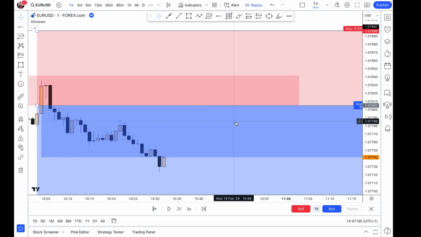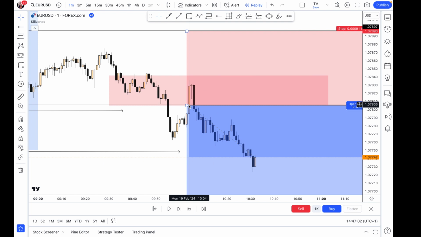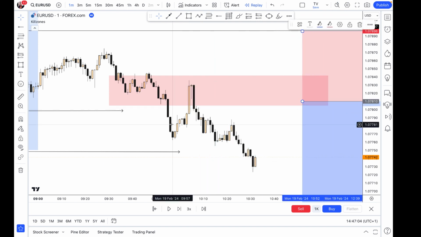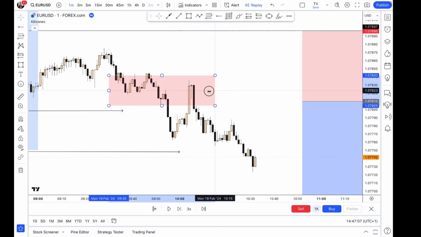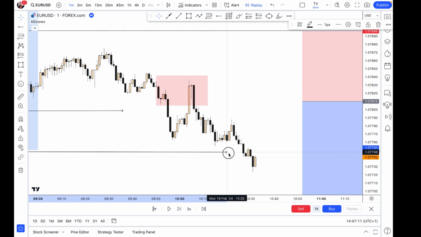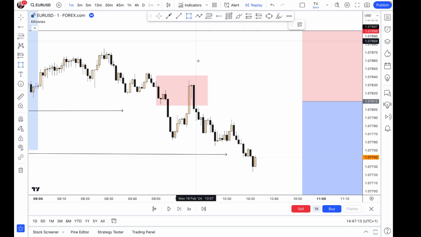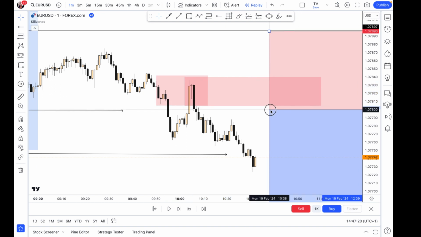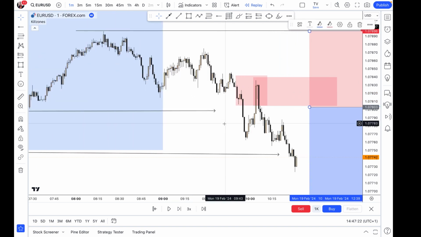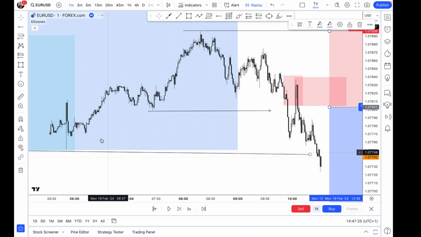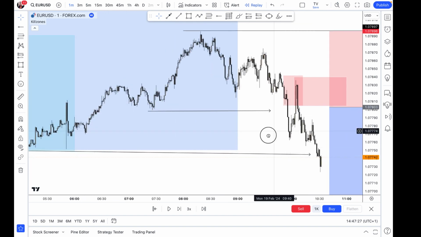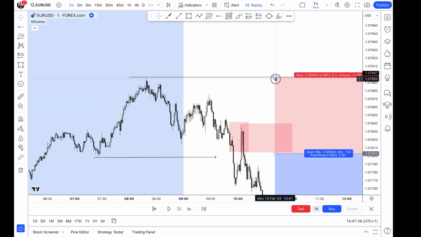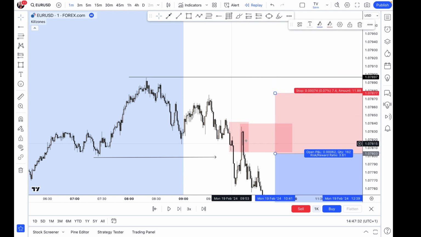I don't know why my system is lagging. So now if I remove that, you can see that after this first mitigation right here, this break of structure now, markets will come back up to fill this supply zone again. So this would have been the second best entry, and with the fact that price has now broken this low, you can then move your stop loss to this level because mitigation has occurred there.